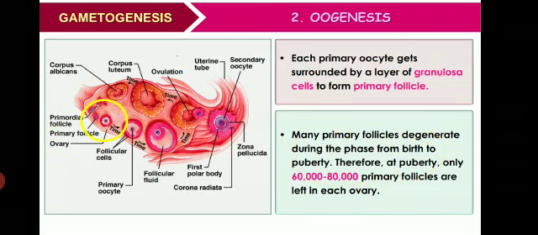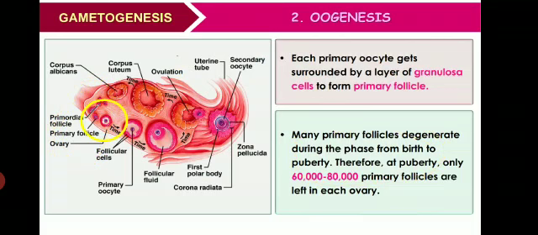Therefore at puberty, when the female baby reaches puberty at the age of around 12 to 13 years, the ovary contains only about 60,000 to 80,000 primary follicles in each ovary. There is a left ovary and a right ovary, and each contains around 60,000 to 80,000 primary follicles.